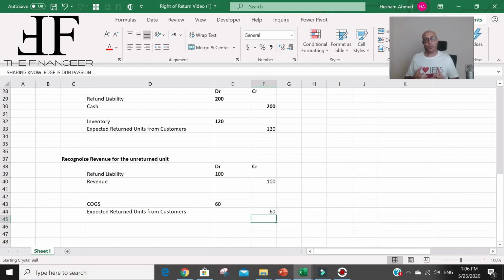In IFRS 15 now we have a different accounting treatment for the revenue, and I hope that the brief explanation I have provided of the 5 steps model of IFRS 15 helps you to understand the concept of IFRS 15. Definitely there are more details under IFRS 15, and I urge every one of you to start reading about IFRS 15 and the practical issues. I hope it helps you.